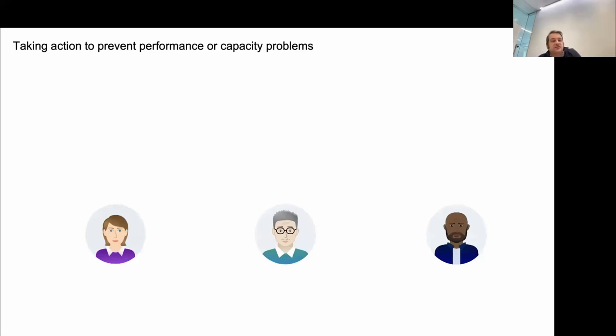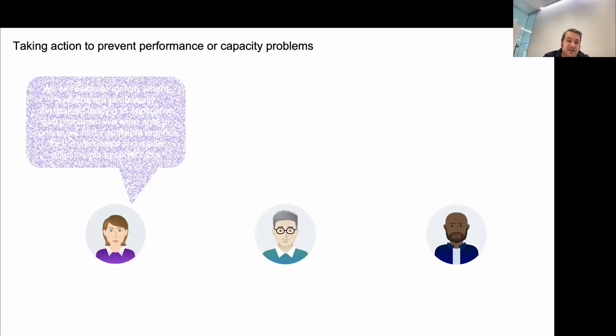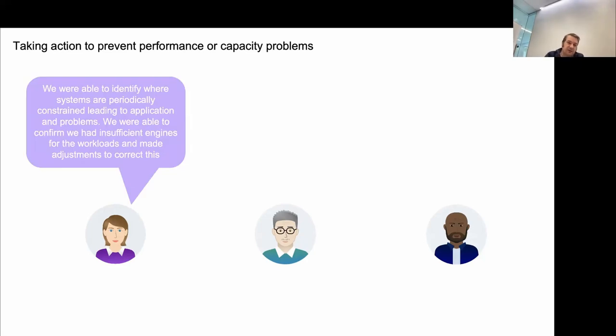So as we close this off, let's think about our 3 initial personas or use cases that we talked about at the start. With a better view of the environment, we can understand where systems have been constrained and where we've had outlying problems that ultimately lead to application issues.